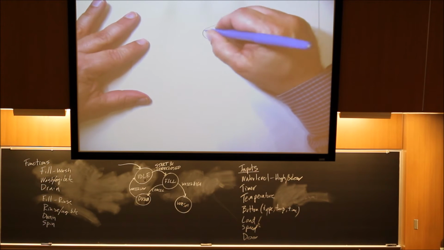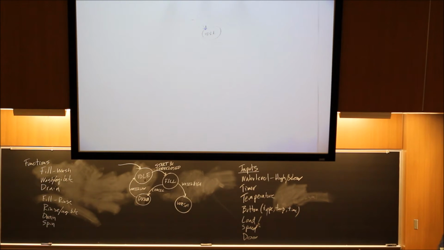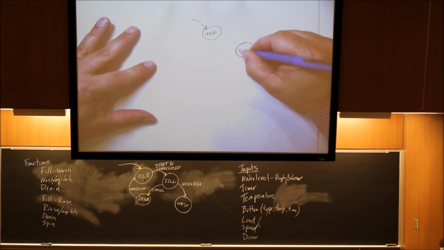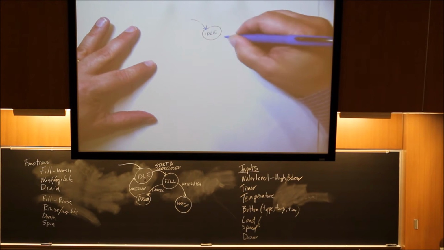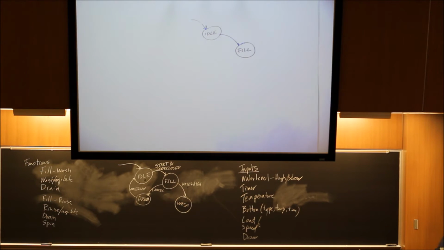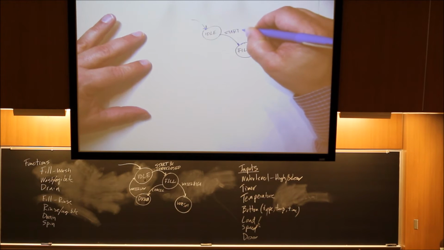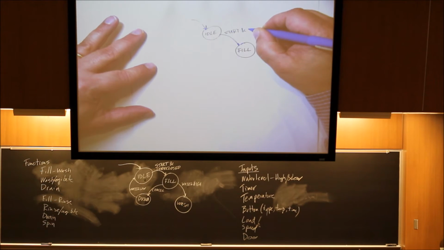First of all, we start with the idle state. And you always identify the initial state when you first power on. Now, we did initially say that we're going to have the fill state, right? And we said you would go there based on the start and door closed, right?